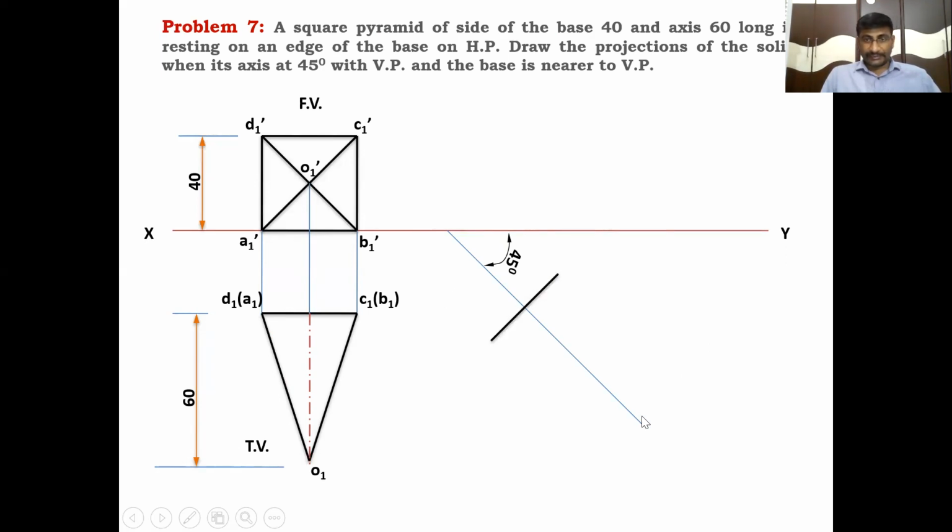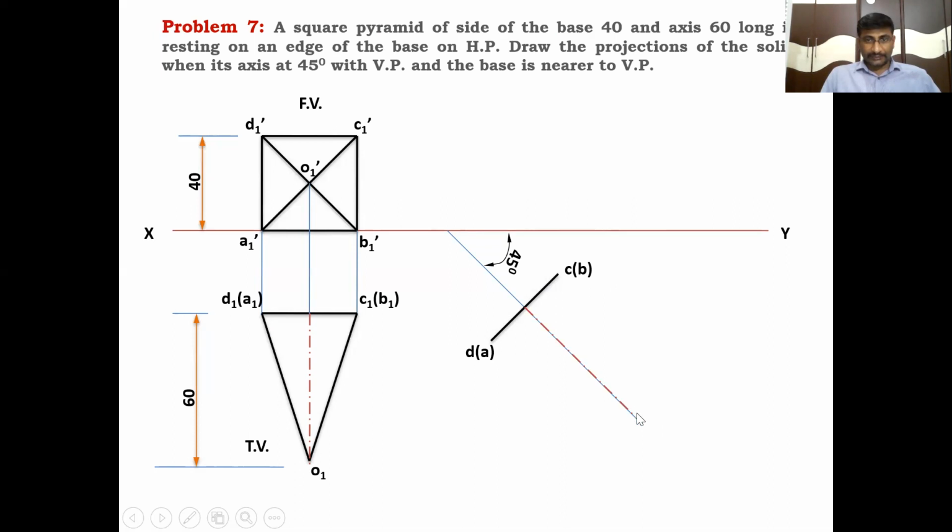If this line is assumed as the axis line, draw a perpendicular line to that axis line, which represents the base. One point is D1 of A1 in the first stage, it becomes D of A in the second stage, and C of B is the next point on the base in the second stage. And draw the axis line.